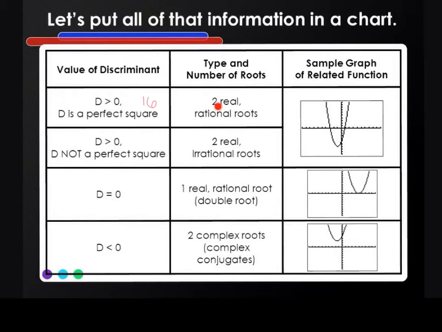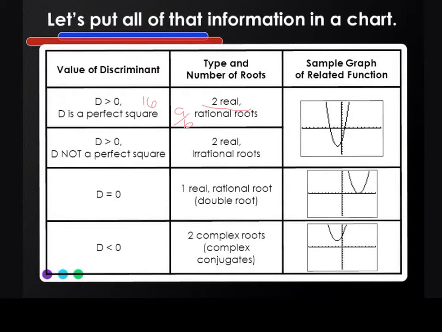That tells us that we're going to have two real rational roots. What it means to be rational is that you can write it as a fraction, right? And real means that they're not imaginary. So we're starting to get into the world of imaginary numbers. But if you get a positive discriminant that's a perfect square, you're going to have two real roots.